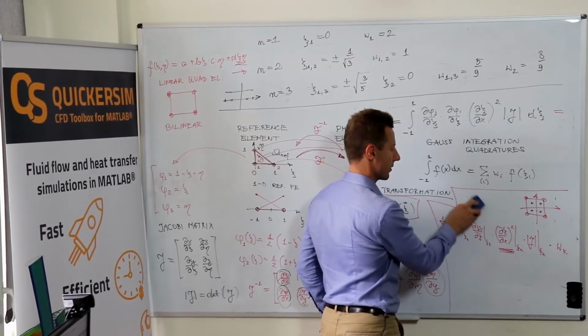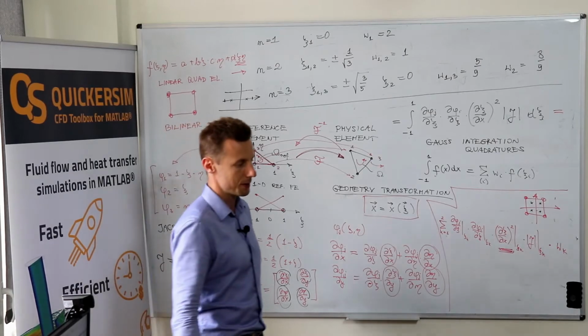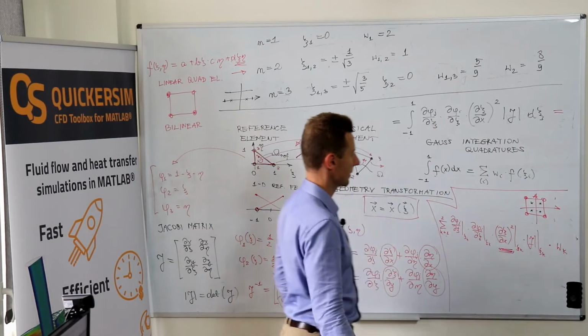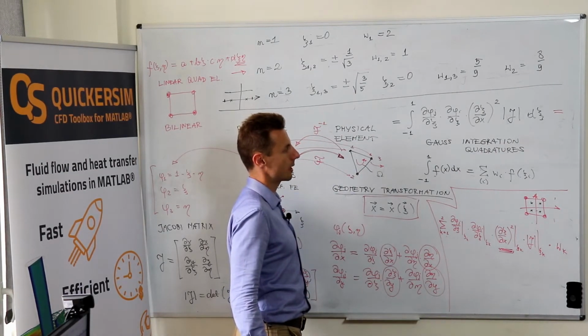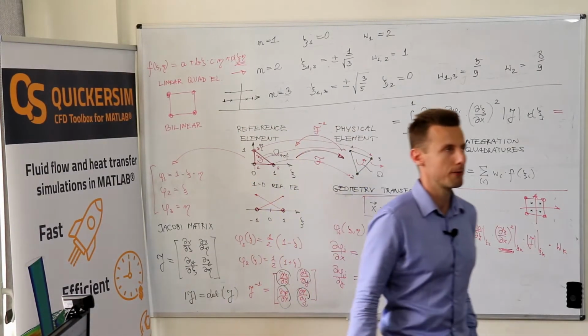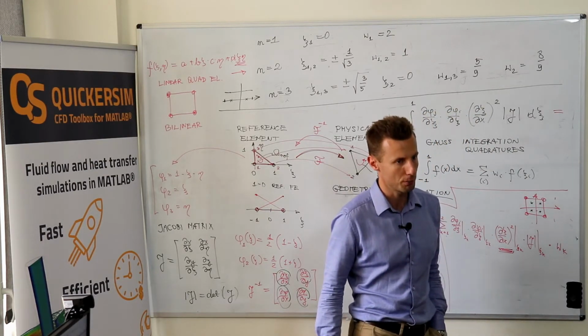Good. And the last question about Gaussian integration is how accurate it is. The Gauss quadratures are derived in a way that they should, with infinite accuracy, integrate polynomials.